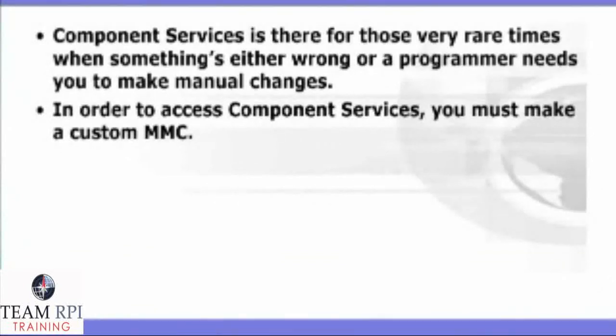Component services is there for those very rare times when something's either wrong or a programmer needs you to make a manual change. In order to access component services, you must make a custom MMC.